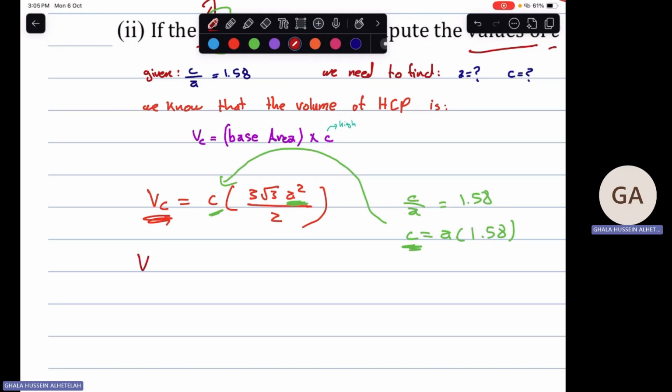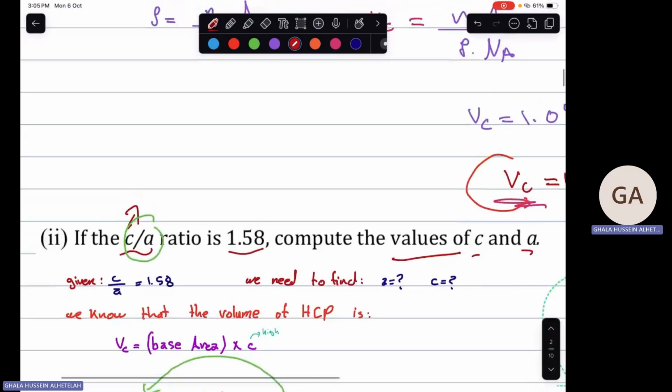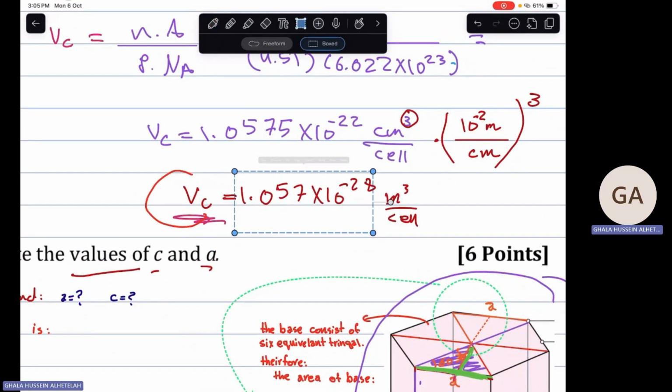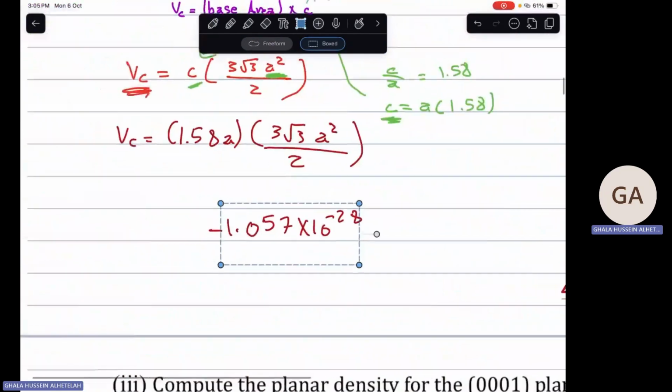So VC is equal to 1.58 a multiplying by 3 square root of 3 a squared over 2. We know the value for VC, which we just found, this value. Okay.